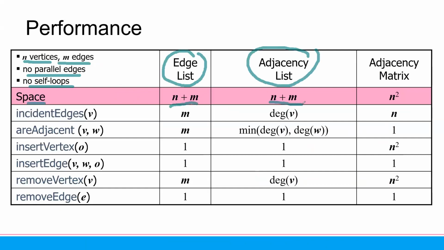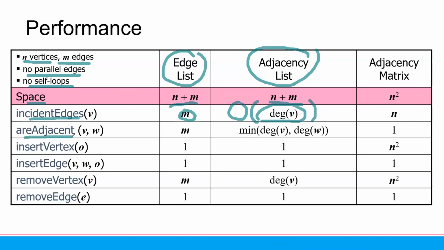So it does not require a big space. We just have lists. And what about finding the incident edges? Okay, it is O(m) for the edge list. For the adjacency list, it is big O of the degree of the vertex.